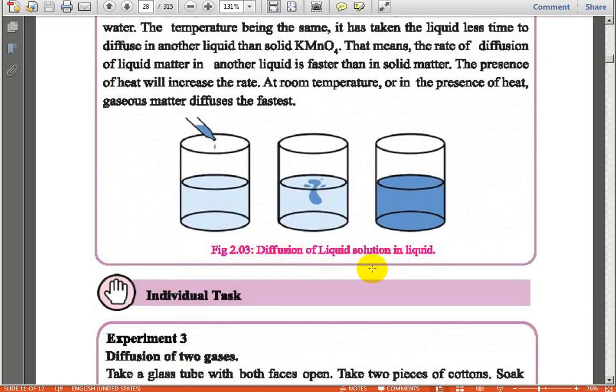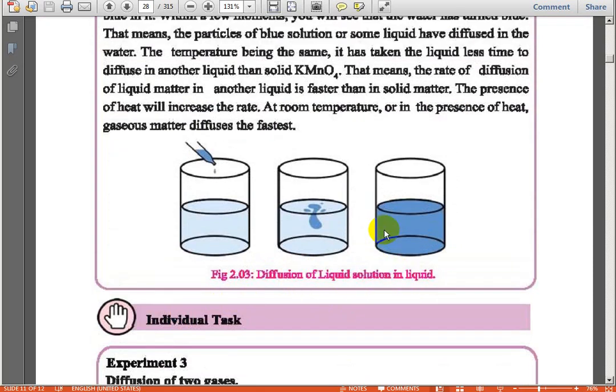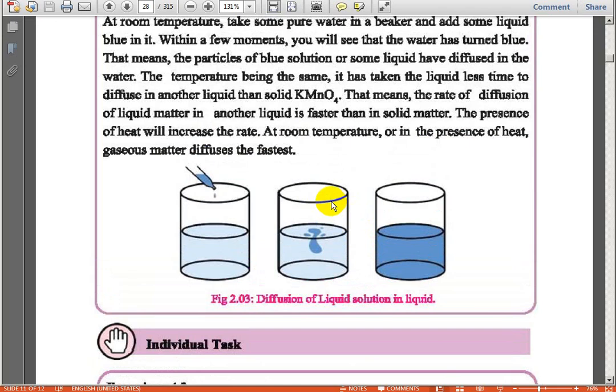The diffusion of liquid solution in liquid. So which substance diffuses faster, solid or liquid? Okay, that means the rate of diffusion of liquid matter in another liquid is faster than in solid matter.